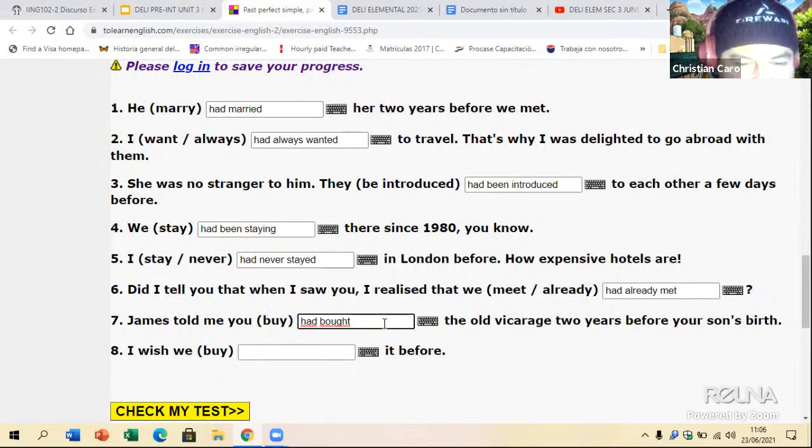¿Por qué no puede ser had been buying? Lo que pasa es que no estamos en este contexto, ¿cierto? No estamos hablando de un proceso de compra. La casa ya se compró. ¿Te fijas? Entonces, James told me you had been buying the old vicarage. Es como la estoy comprando, pero estoy en el papeleo todavía. Todavía no me la entregan ni tampoco he firmado nada. ¿Ya? Eso es como justificaría el uso del had been buying, right? Pero como esto ya pasó, ya se consumó, ¿cierto? You had bought.